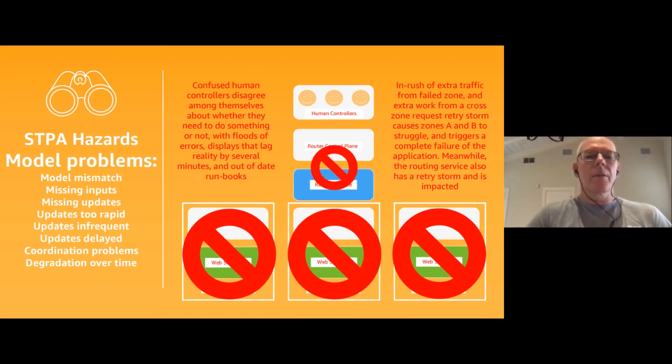And you've also now got this flood of work coming in, but the controllers are disagreeing, and their data's out of date, and then the zone fails, and the flood of requests and retries causes everything else to fail, basically. So this is the failover and fall over after failing over problem. You can see that it's very easy for the whole system to go down. Retry storms and things like that will break everything.